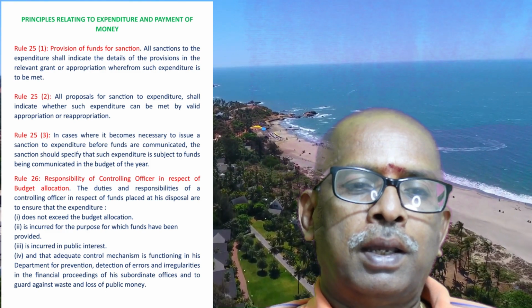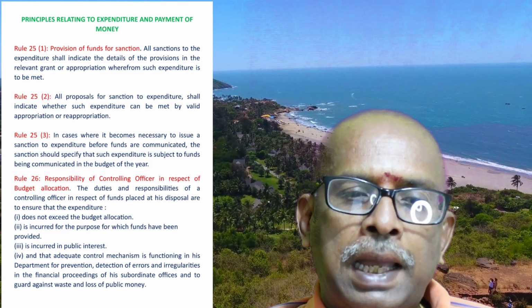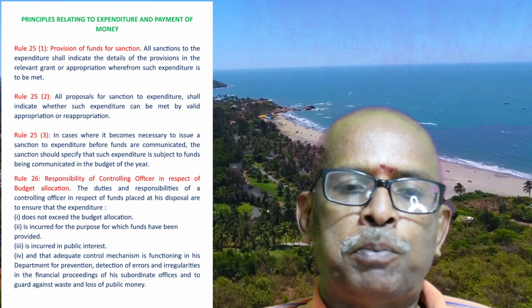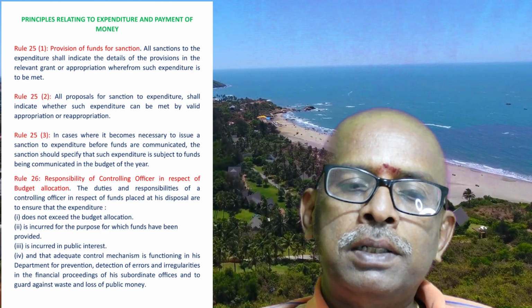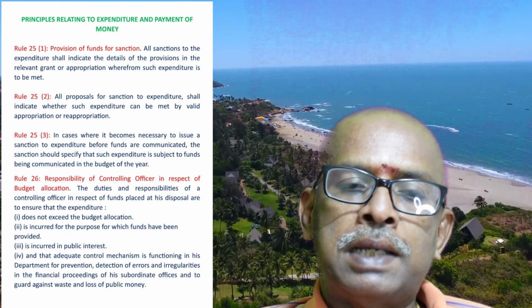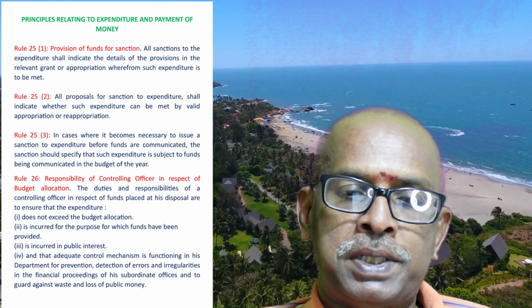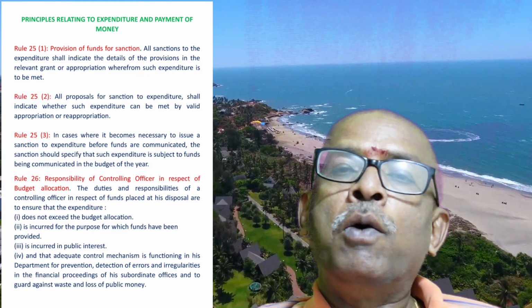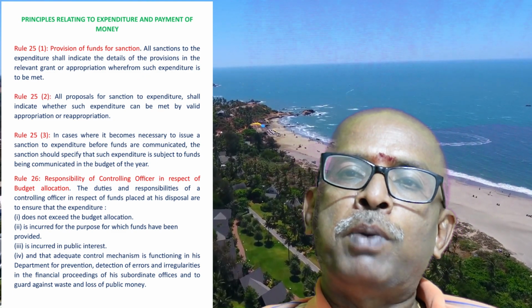Okay. And adequate control mechanism is functioning in his department for prevention and detection of errors and irregularities in the financial proceedings of his subordinate officers, and to guard against waste and loss of public money.